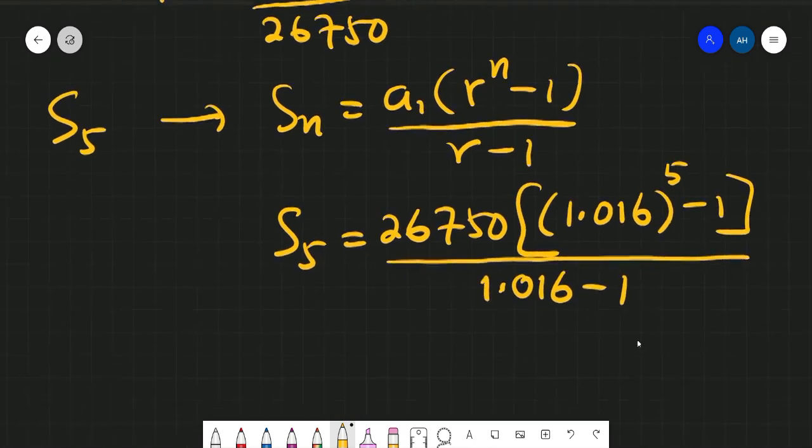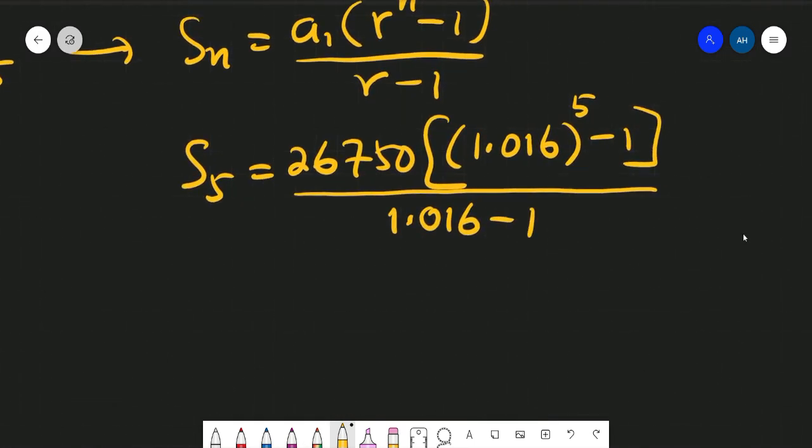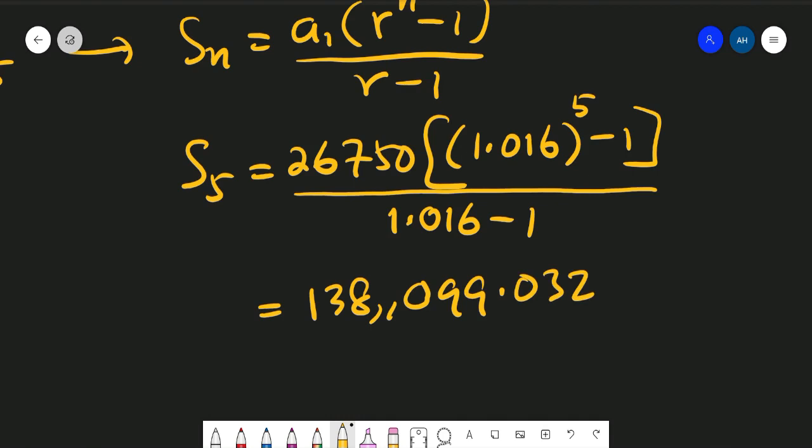Now if we do the calculation correctly, we are going to get 138,099.032. That's the total amount of his earning at the end of the fifth year.